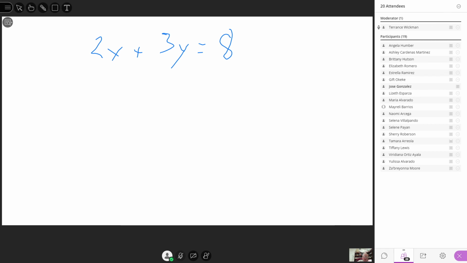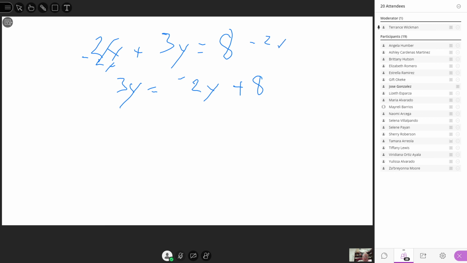We want to get y by itself, so we're going to subtract 2x on both sides. We're going to get 3y equals -2x plus 8. Why? Because we subtracted 2x from this side, so it goes away. We have to subtract it from the other side too.